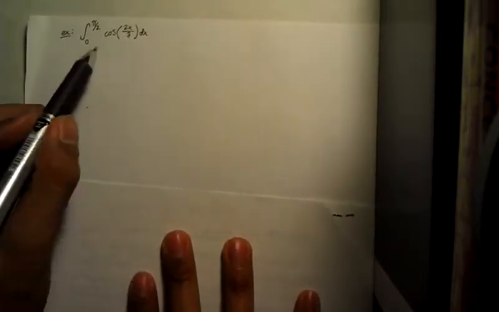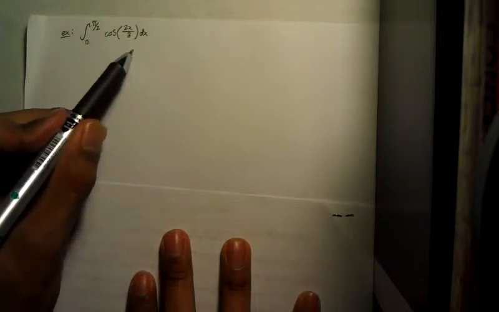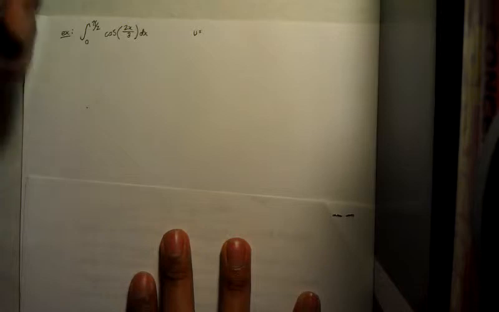My next example involves just a little bit of trig. So if we look at this, first thing we're going to do is look, since we have a function inside a function, we're going to need to make a u substitution. So u, we'll set it to 2x over 3.